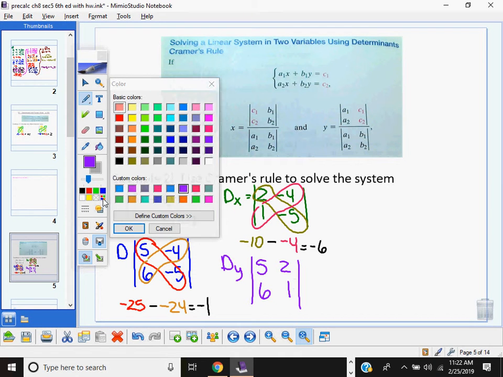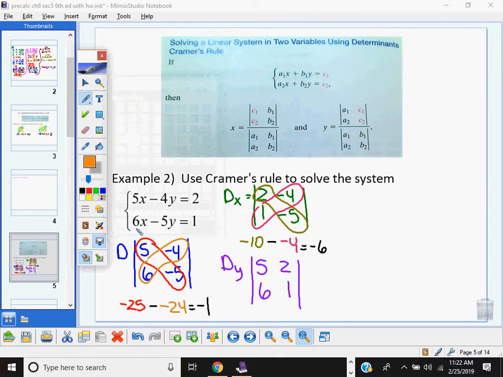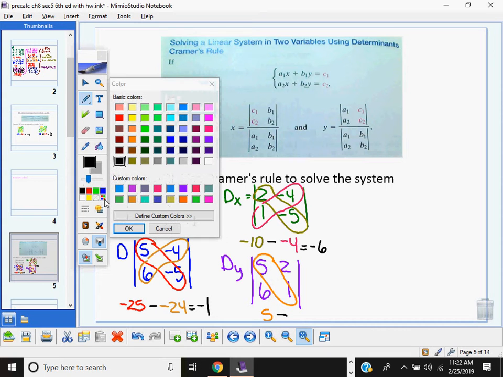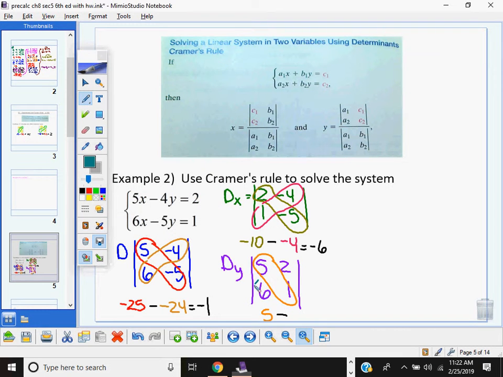So let's multiply here. I'm going to go down. 5 times 1 gives me 5. Minus, now we multiply up. 6 times 2 gives me 12. 5 minus 12 is -7.